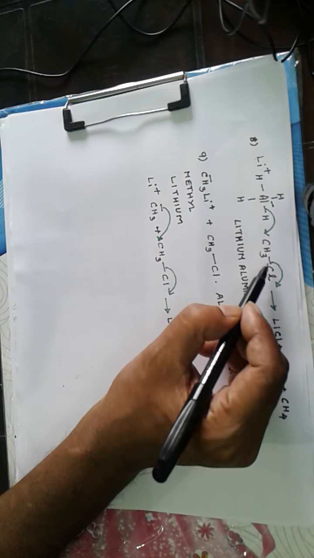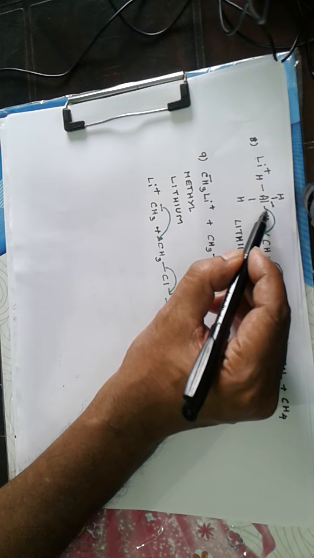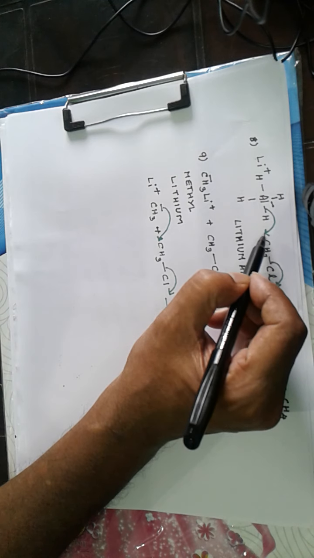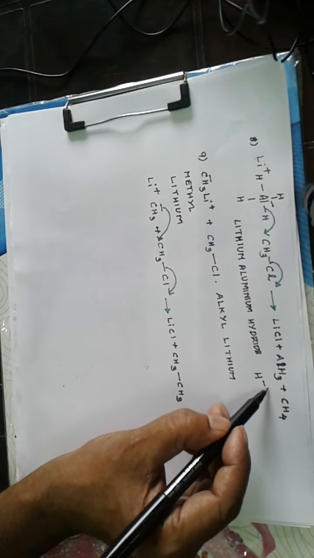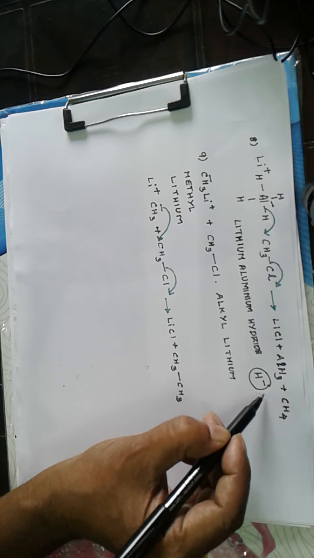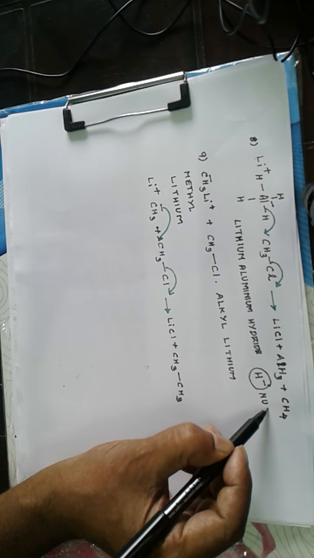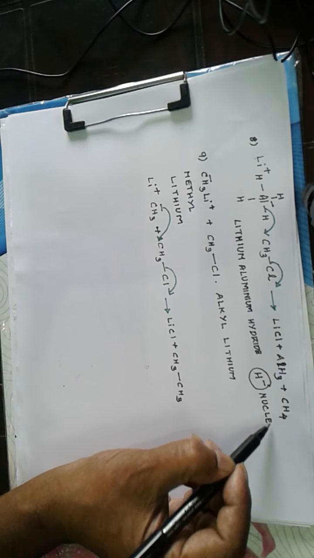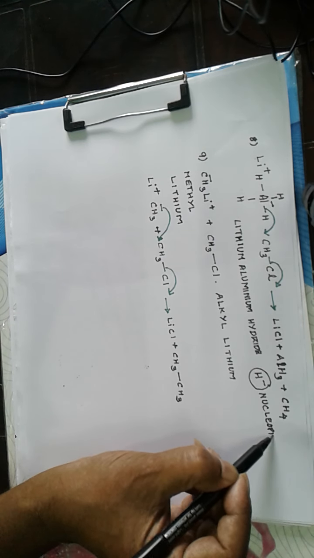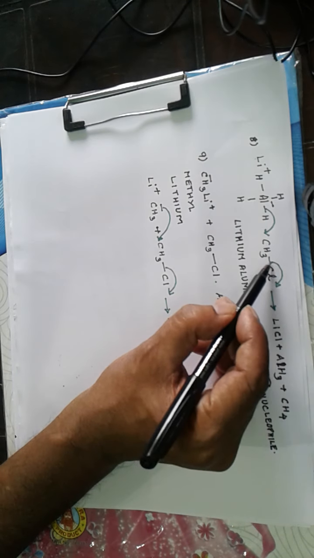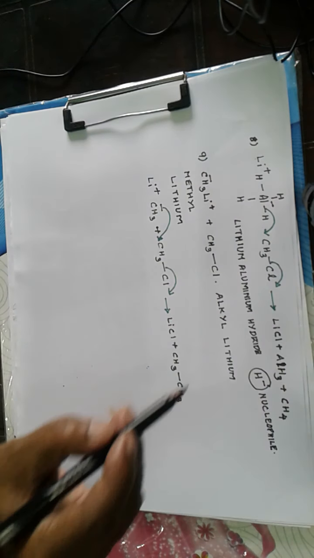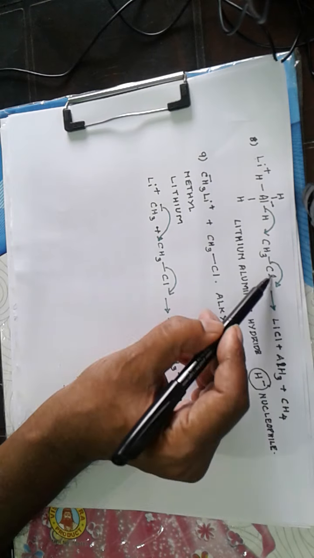Now with methyl chloride, a hydride ion is connected to CH3, so that hydride is the nucleophile. With the simultaneous removal of Cl negative, we get LiCl.